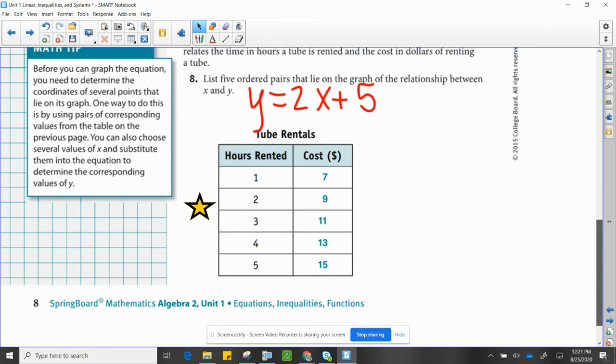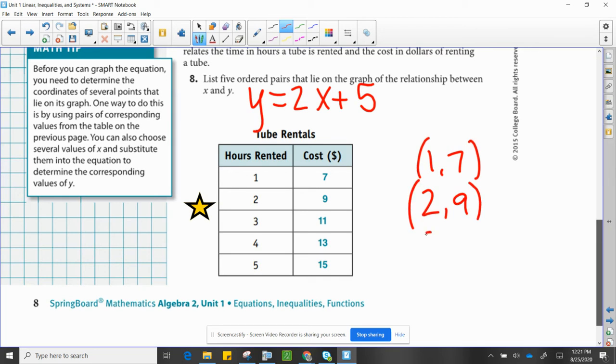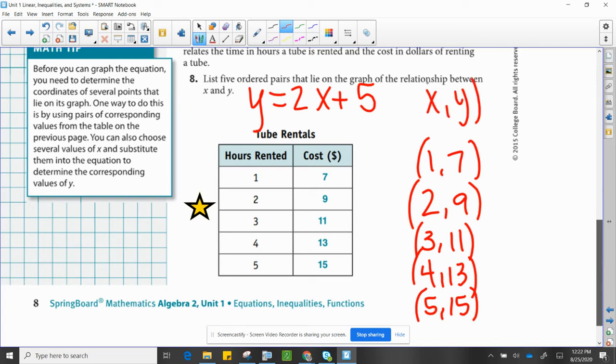So we don't have to keep rewriting them or making up new ones. We'll just use these. So we have 1, 7. We have 2, 9. 3, 11. 4, 13. And 5, 15. So we have our x, y.